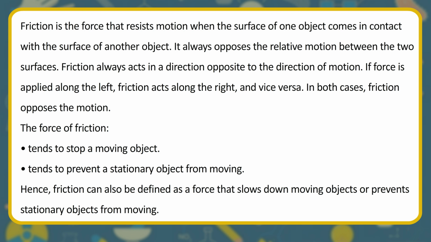In both cases, friction opposes the motion. The force of friction tends to stop a moving object, and tends to prevent a stationary object from moving. Hence, friction can also be defined as a force that slows down moving objects or prevents stationary objects from moving.